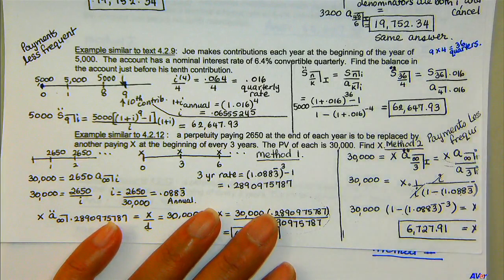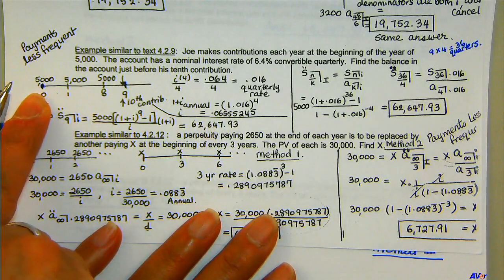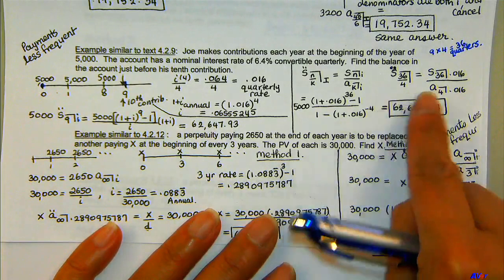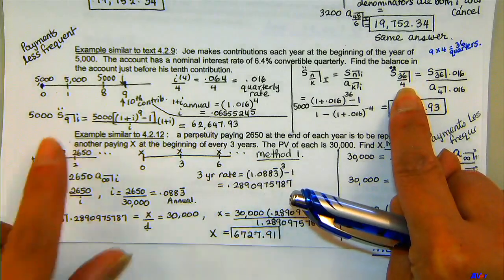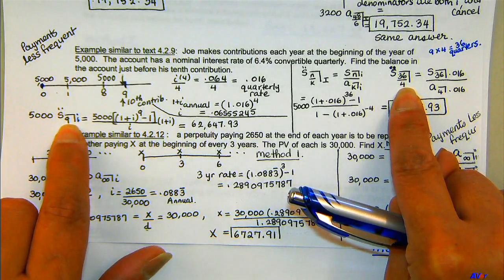So basically, if you can just remember that when you're taking accumulated value, the S goes on top, and because the payment is occurring at the front, the A goes on the bottom, you should be good. Right? Notice that this 36 divided by 4 will be equivalent to this 9, because there are 9 payments.